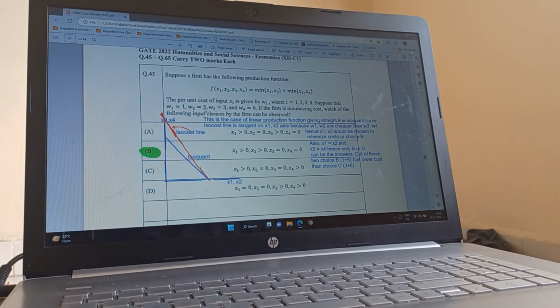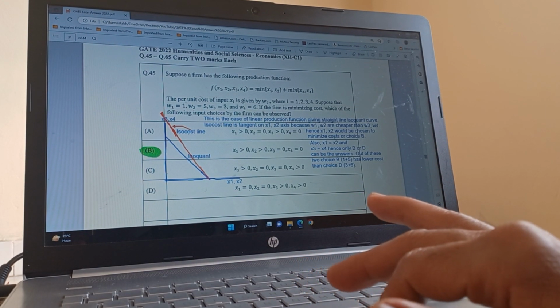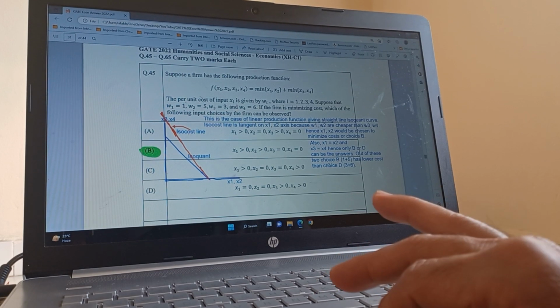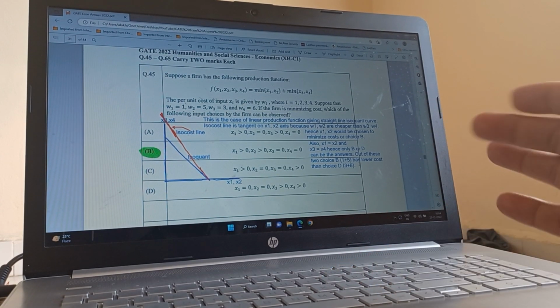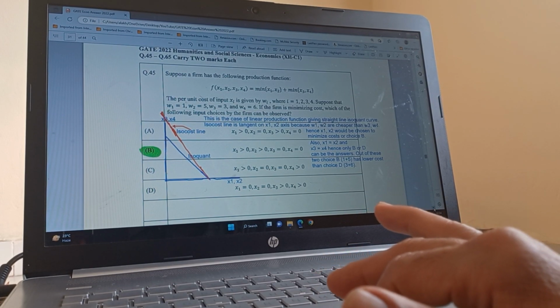So this should be the choice, and in that case B is the only correct choice, which you can answer even without knowing economics. Okay, so I have written in detail how I solved this, and it is the same thing which I spoke. So that's our solution to question number 45.